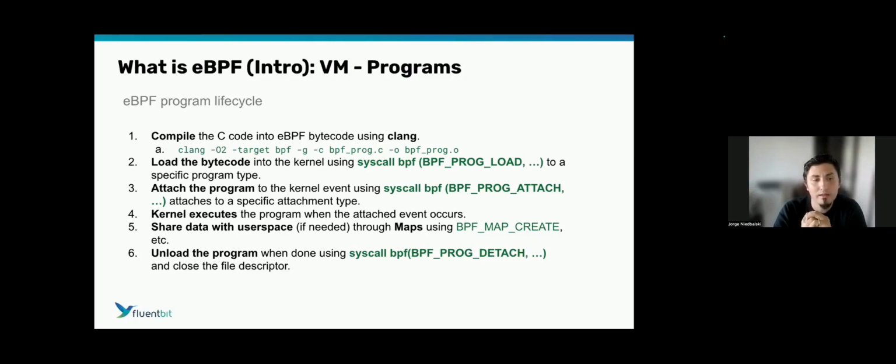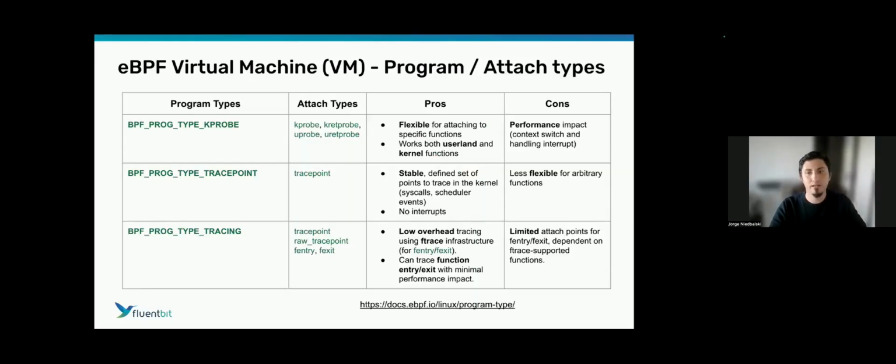Whenever the kernel reaches that event, it will then execute that attached program. When that happens, if that program needs to check data, write data, or initialize data, it will use maps. Essentially, that's the way that the program will interact. And then once that execution is complete, the program is unloaded. So yeah, that would be the basic life cycle.